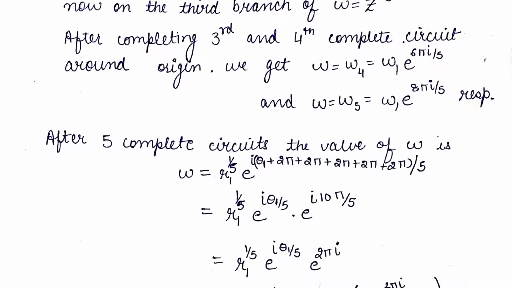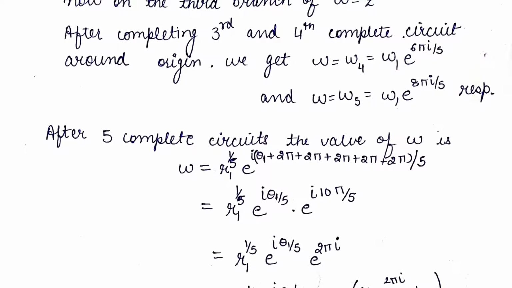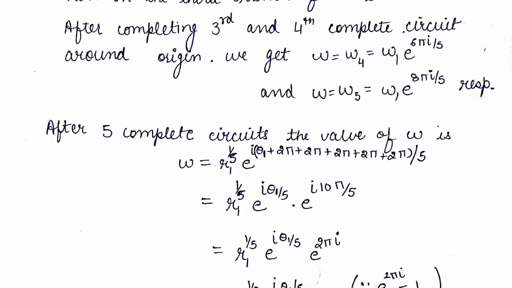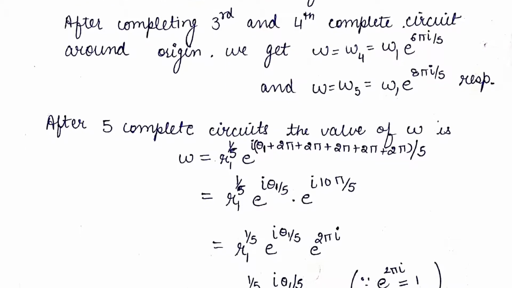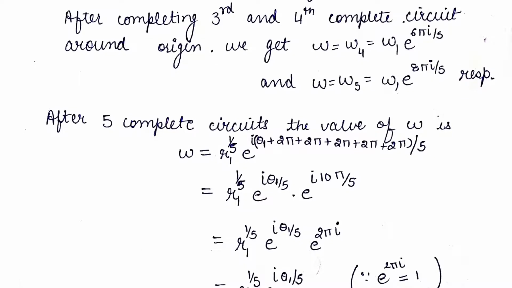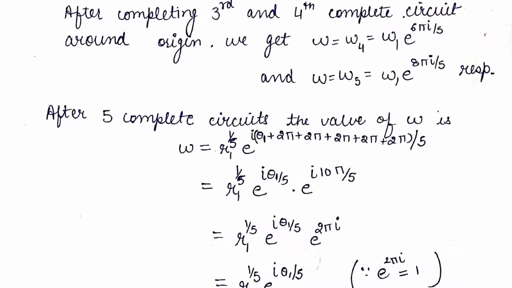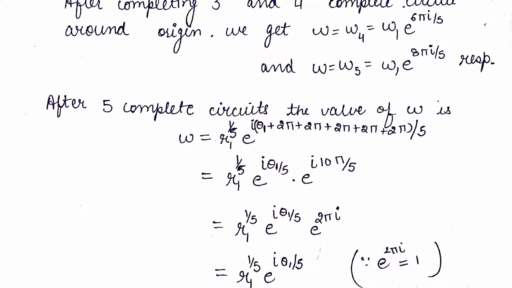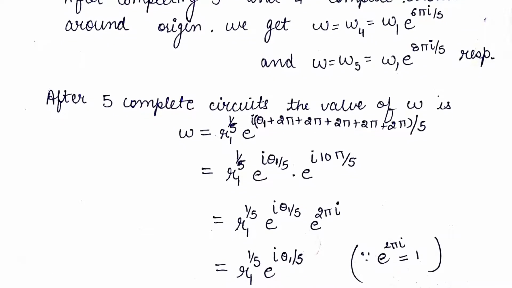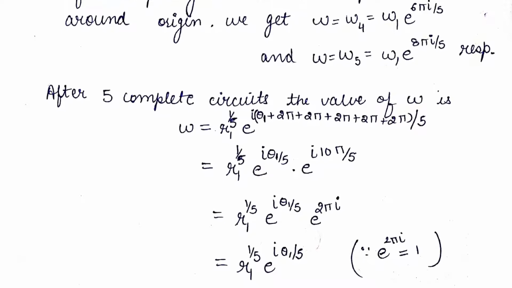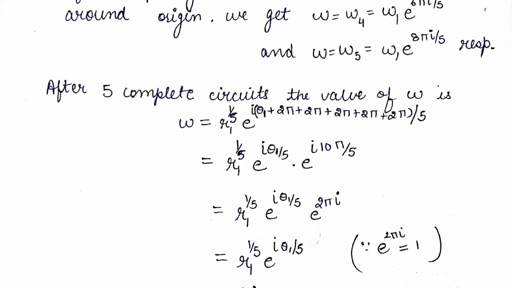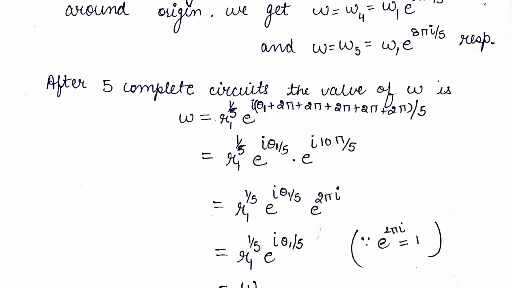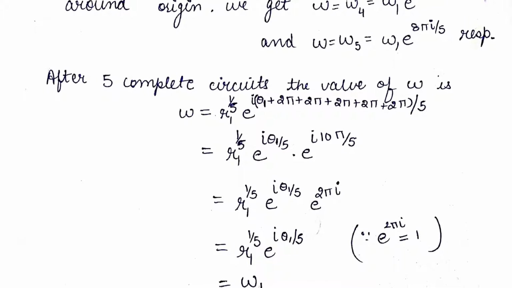So it means that now we are on the first branch of the function again. So the 5 different values represent the values on different branches of the function. So it means that our w is a 5 valued, multiple valued function.